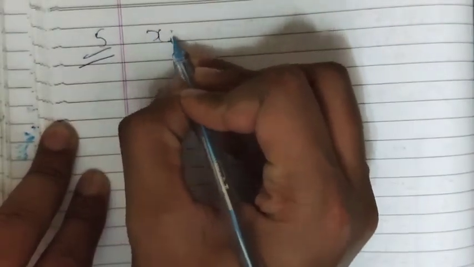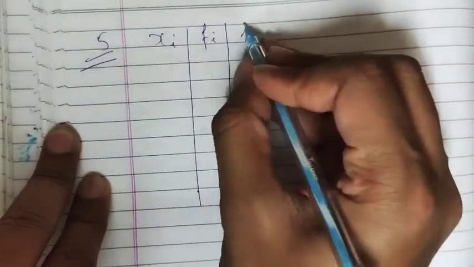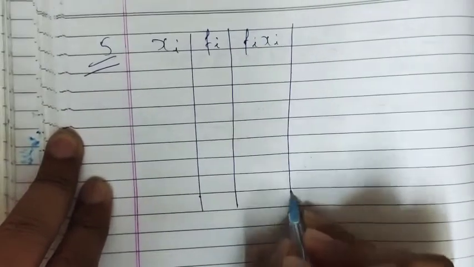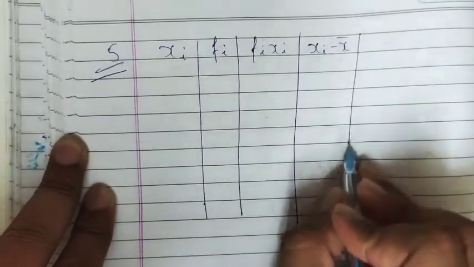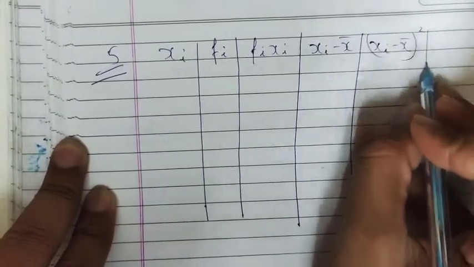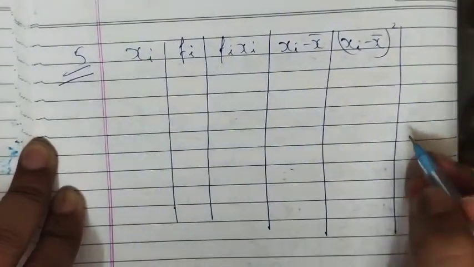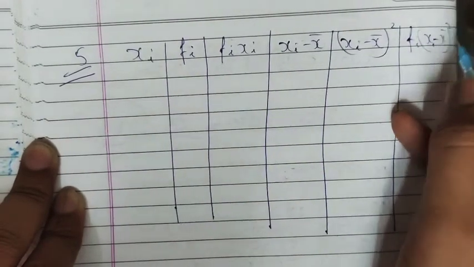Next we have question number 5. With this, question number 4 you can easily do with the help of question number 5. So just make columns in this way: xi first column, then fi, then fi xi, then xi minus x bar, then xi minus x bar whole square, and the last one, fi xi minus x bar whole square, right?